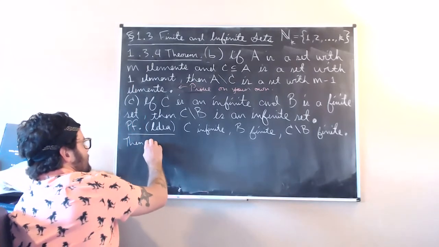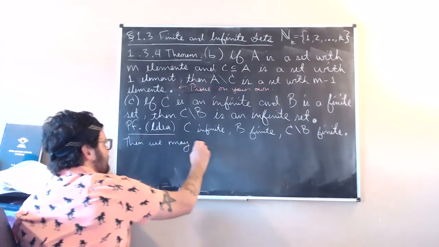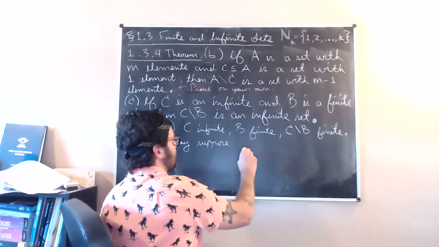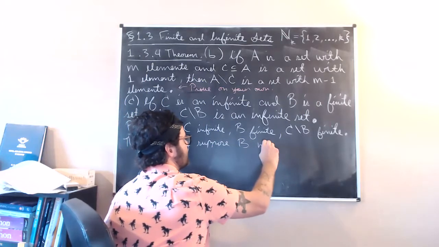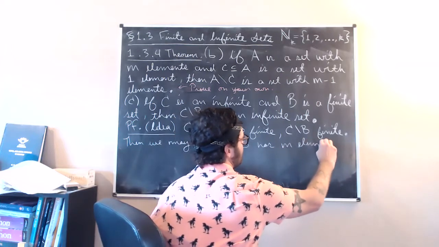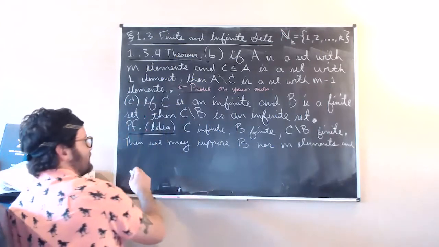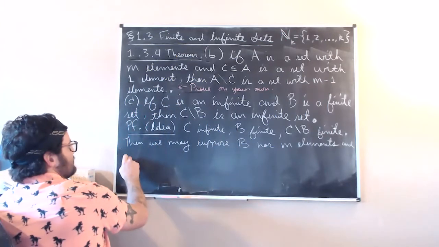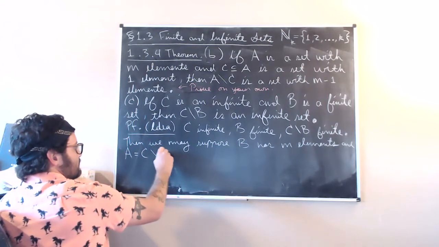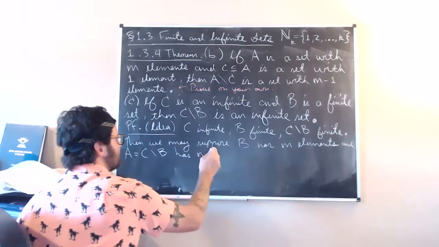Then we may suppose B has M elements, and I'll call the set A, which is equal to the set difference, has N elements.